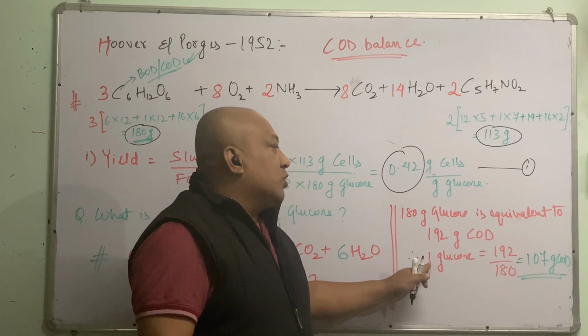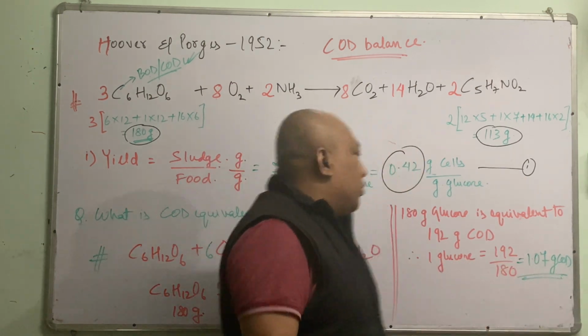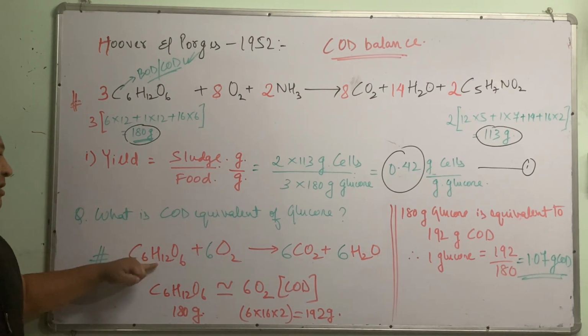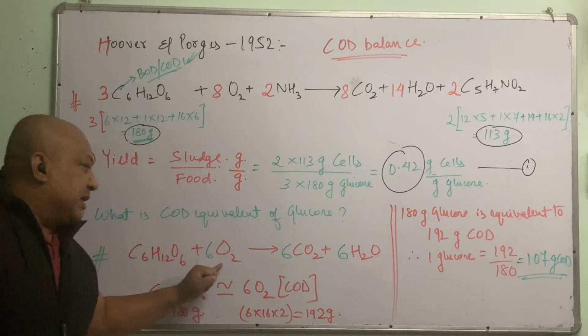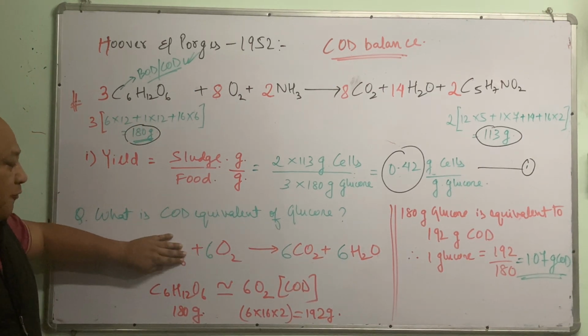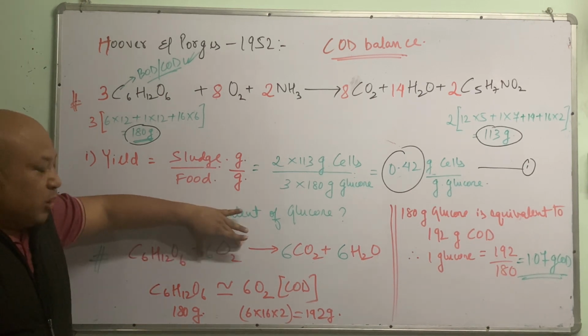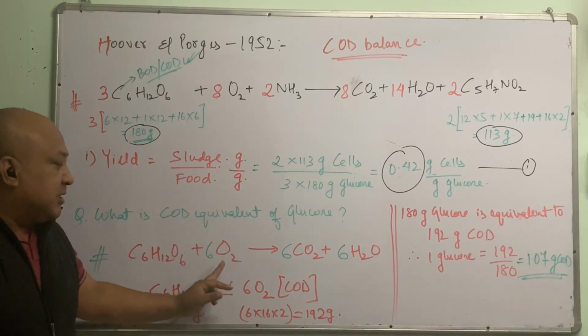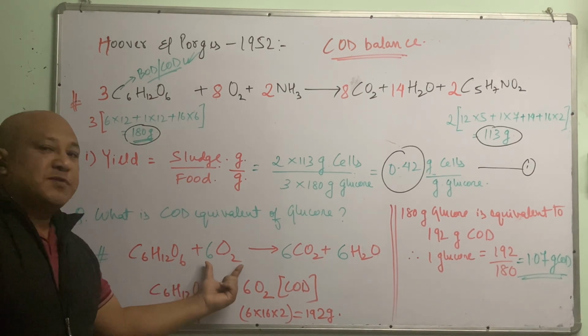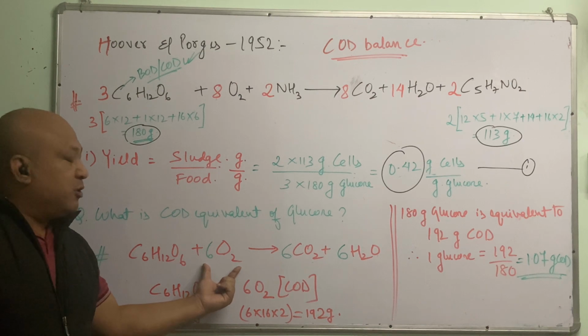So 1 gram of glucose is equivalent to 1.07 gram of COD. And how do we find that? Glucose itself mixes with oxygen to biodegrade. Therefore, this molecule of glucose requires these molecules of oxygen. That means this is the COD. I'm not saying equal.